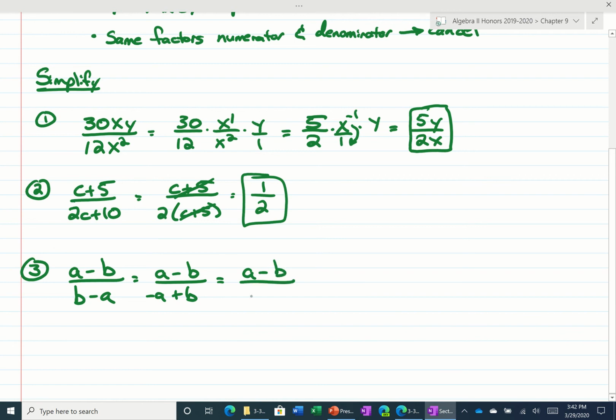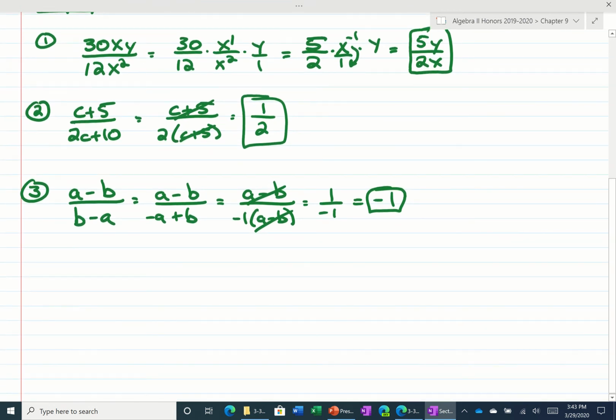It's actually kind of interesting. If you take out a negative 1, you get a minus b, and then they could cancel. So this, when it's all said and done, just turns into negative 1. So if you ever see subtraction and it's almost the same thing, like a minus b over b minus a, factor out a negative 1, write them so the same terms are in the right order, and take out a negative 1 and you should be able to do it.